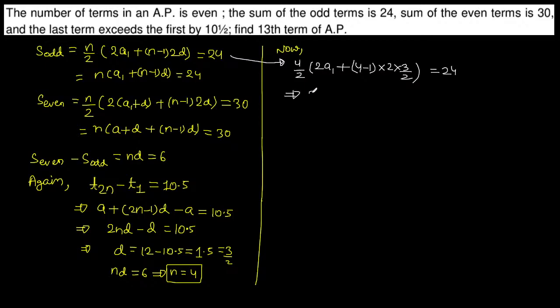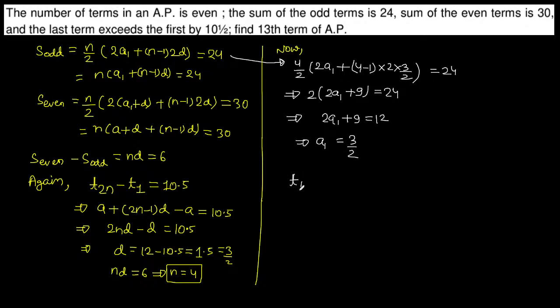This implies 2a1 plus 9 equal to 12, so 2a1 equals 3, and a1 is 3 by 2.